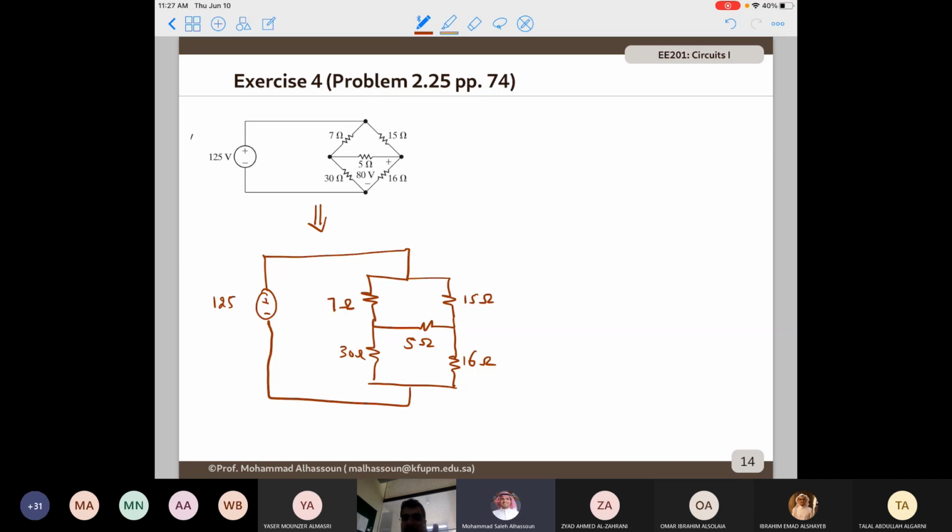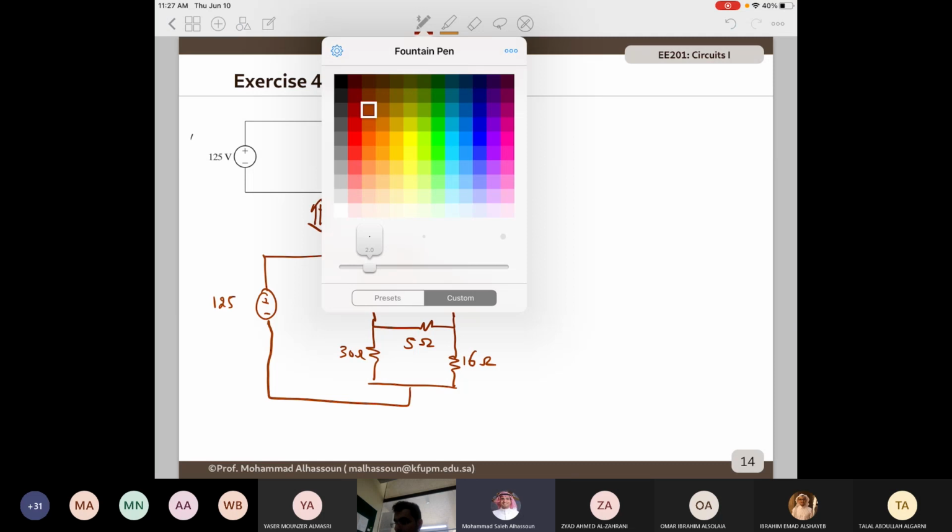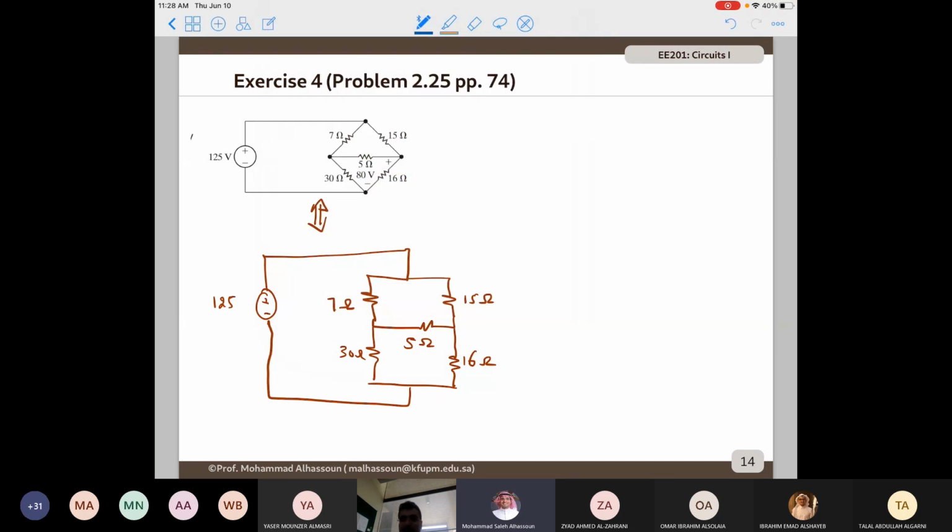So this is exactly the same as this circuit. Those are identical. The only difference is that this one is more compact. So if you want to build this circuit physically, you will do it this way. But if you want to analyze it, it will always be easier to redraw the circuit in this manner.